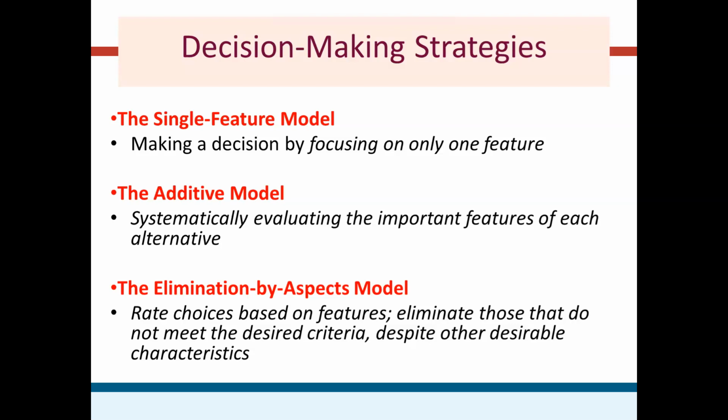We use that model when we throw something out if it doesn't meet our criteria, even though there might be other good positive characteristics about it. We just tend to automatically throw it out and say, "Hey, this doesn't work."